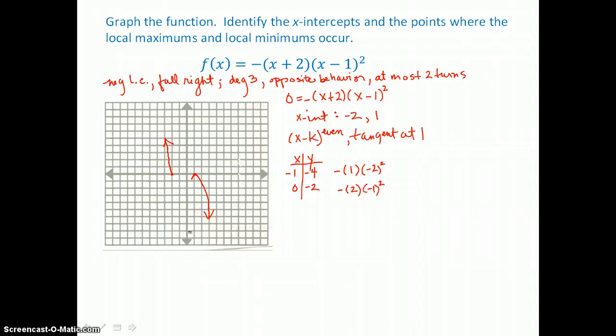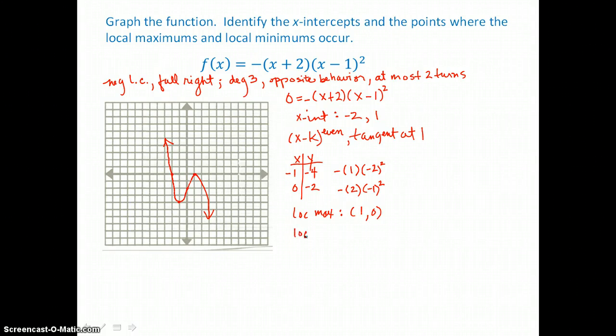Okay, so now I can graph those points: -1, -4, and a y-intercept of (0, 2). So I see that this curve falls to a local minimum and then rises to its local maximum. Okay, so I want to list those local maximums and minimums. The local maximum is going to be found at (1, 0), a high point for the curve in that area.